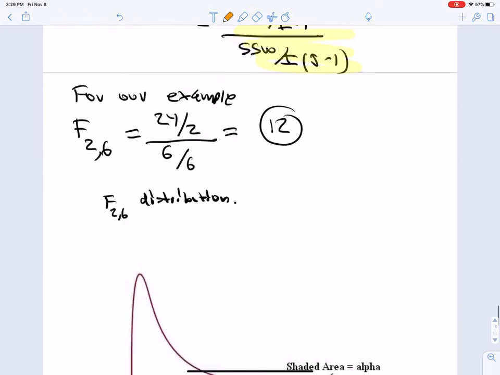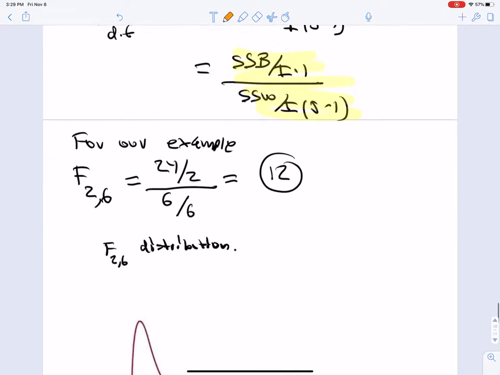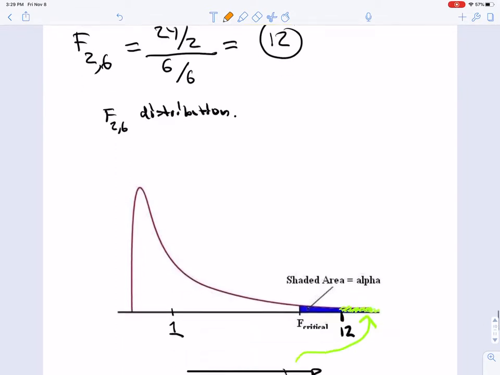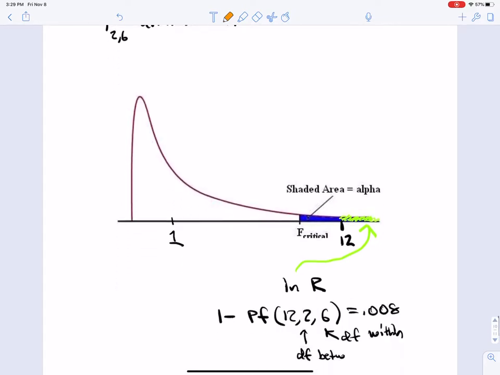So for our example, I minus 1 is 2 and I times j minus 1 is 6, and we get our test statistic of 12. So now this distribution is assuming the null. So the p-value that we get something as or more extreme is what I've shaded in green here.